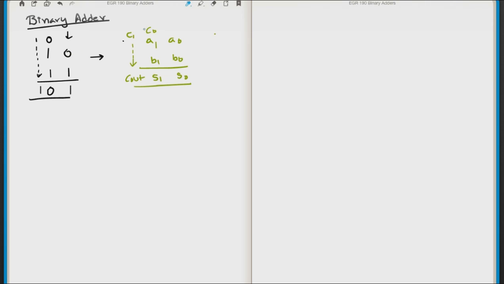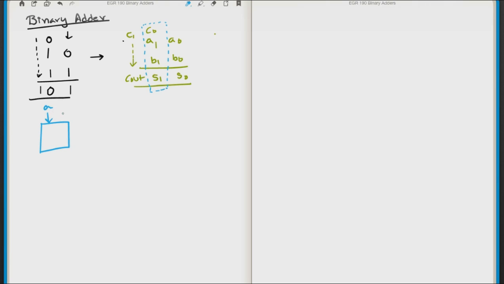Now if we take any one common bit, one bit, and try to design a simple logic block for it, I have inputs.